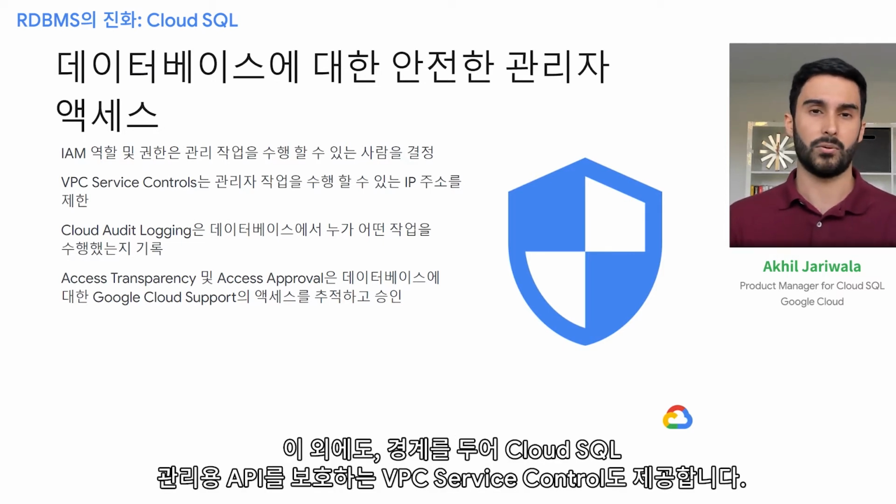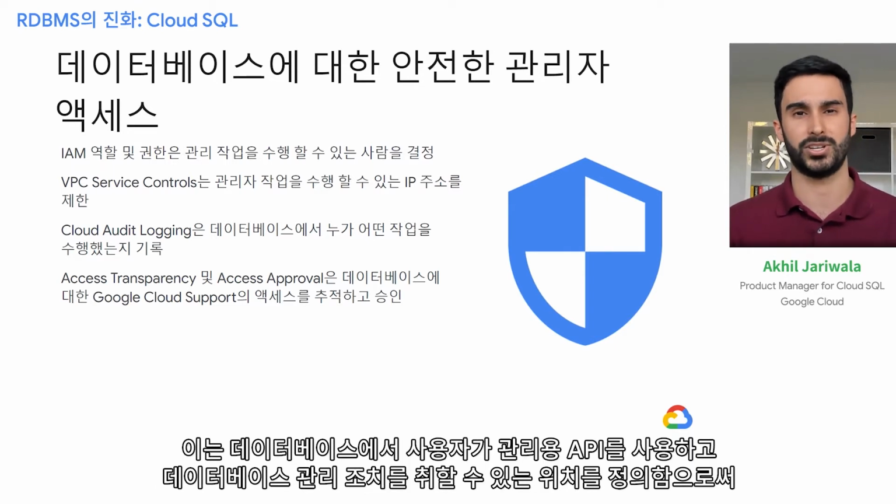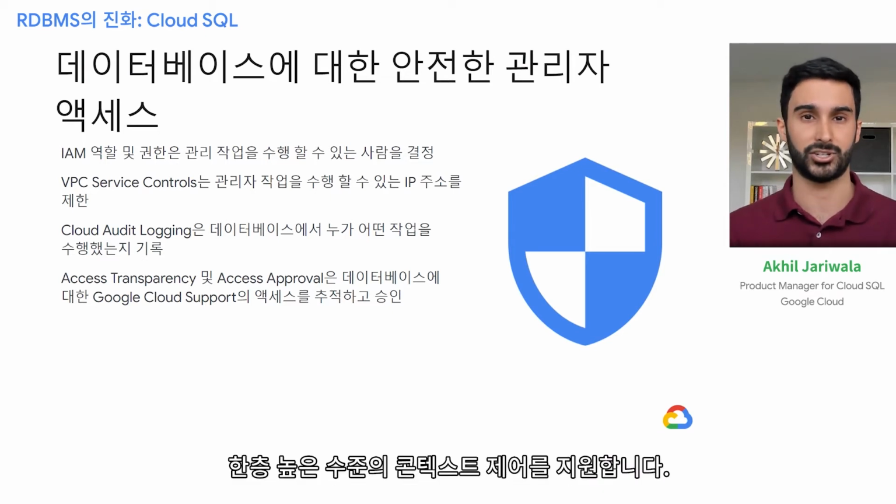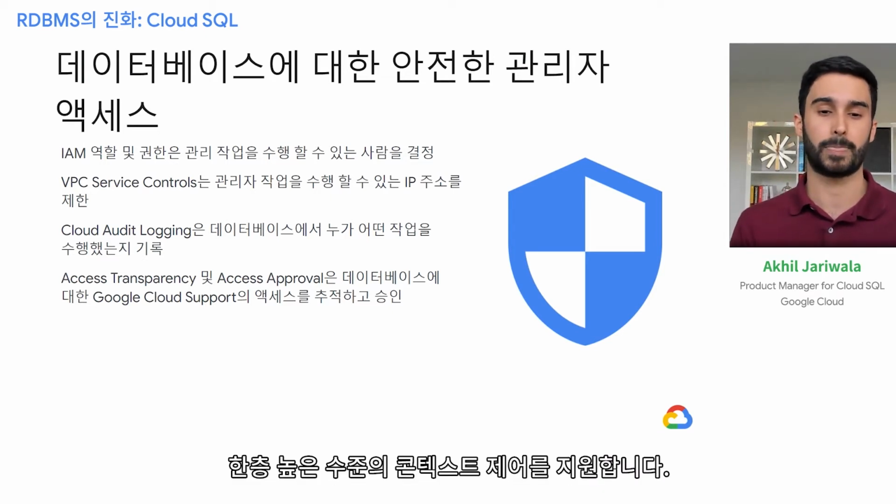Additionally, we have VPC Service Controls, which protects the Cloud SQL administrative API by putting a perimeter around it. It gives administrators an extra level of context control by defining from where users are allowed to use the administrative API and take administrative actions on the database.